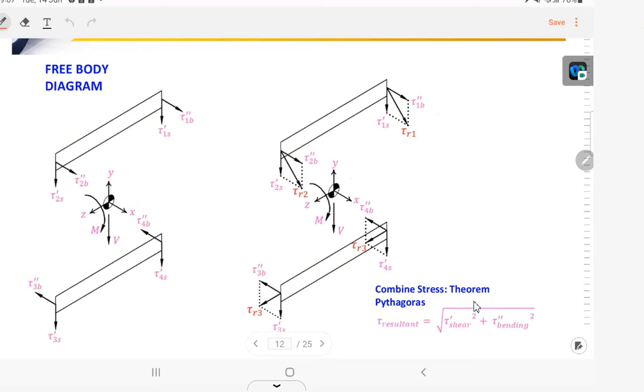Okay, this is another example. If we have this is the weld, this is the weld bit. Okay, this is weld. It's the weld bit.